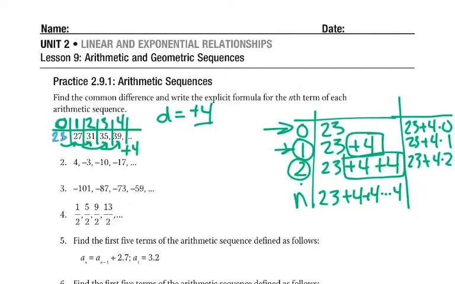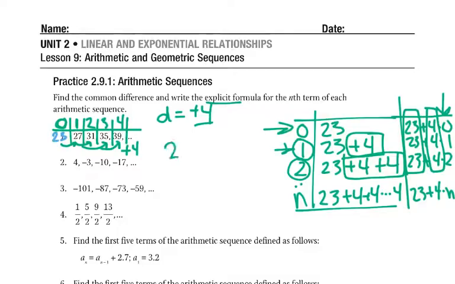If we went 3, if we went 4, it would work the same way. Notice that we have our starting number here, we have what we're growing by, and we have our input. Because it's explicit, we're connecting the input to the output. So for this one, it would be 23 plus 4 times n.